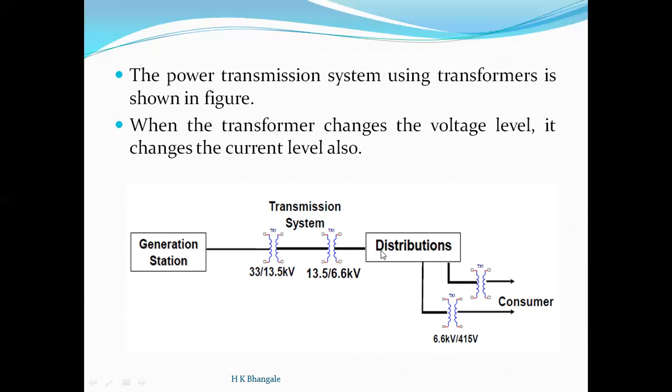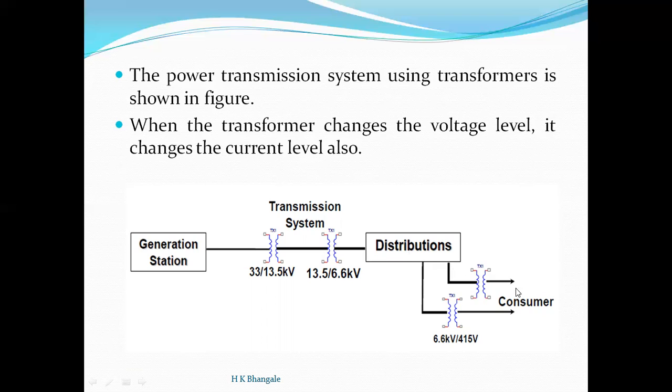Then at the distribution station, that is the substation, that 13.5 kV comes, and it is lowered again from 13.5 kV to 6.6 kV using the transformer, and then it goes to the distribution center.